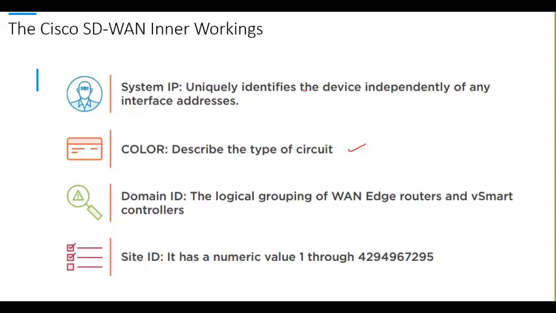Color is used to differentiate different transports like MPLS, internet, leased line. And it's also the same color that helps to tell us whether it's a public or private underlay network that we have.